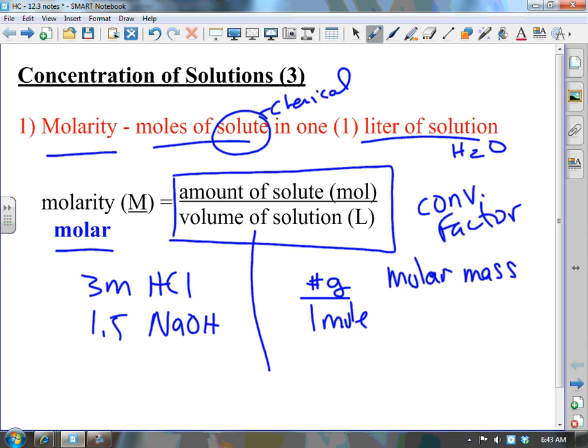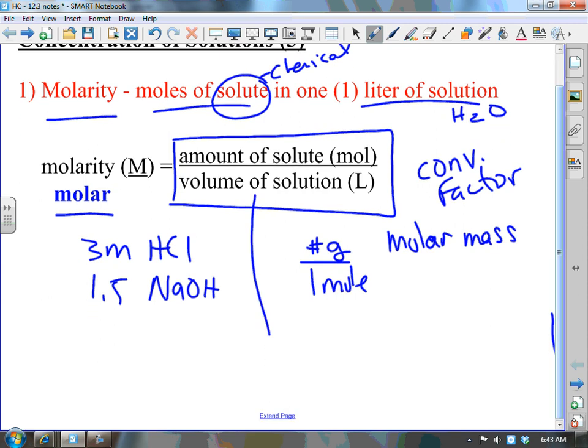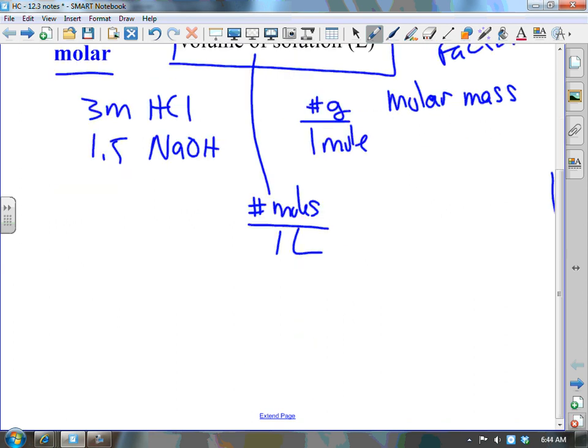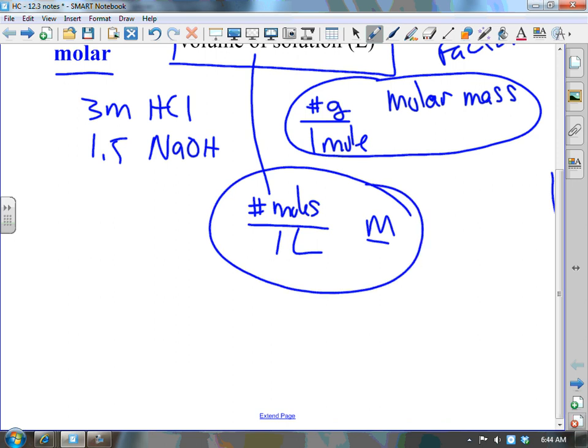Molarity is going to tell us the number of moles in 1 liter. Okay? Again, molar mass, number of grams in 1 mole. Molarity, number of moles in 1 liter. Can't say it enough. It is just another conversion factor.